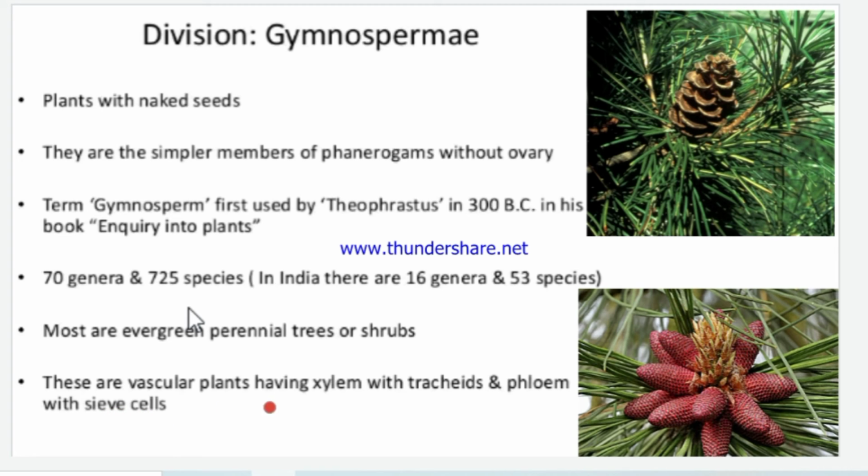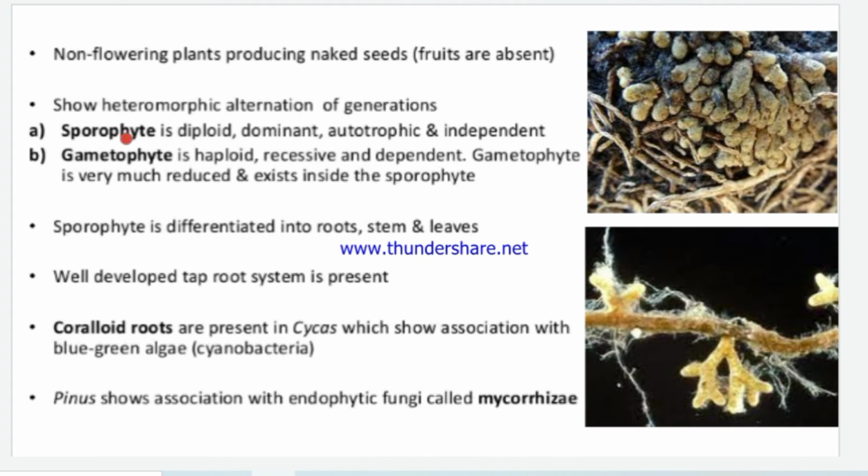They are vascular plants having xylem with tracheids and phloem with sieve cells. Now, as I said, they are non-flowering plants that produce naked seeds. Because fruits are absent, the seeds are not enclosed in fruits, hence the name gymnosperma.